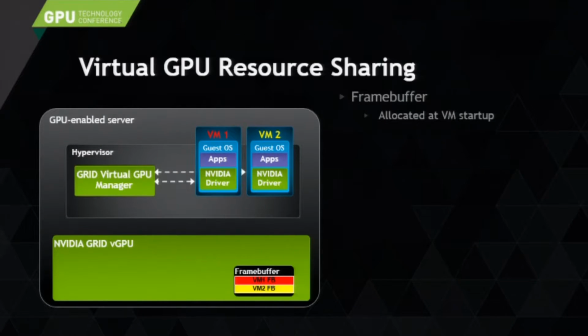So let's dig a little bit deeper to understand how resource sharing happens on virtual GPU. Each virtual GPU is allocated a fixed frame buffer size when the virtual machine starts up, and that depends on the type or the profile of the vGPU.